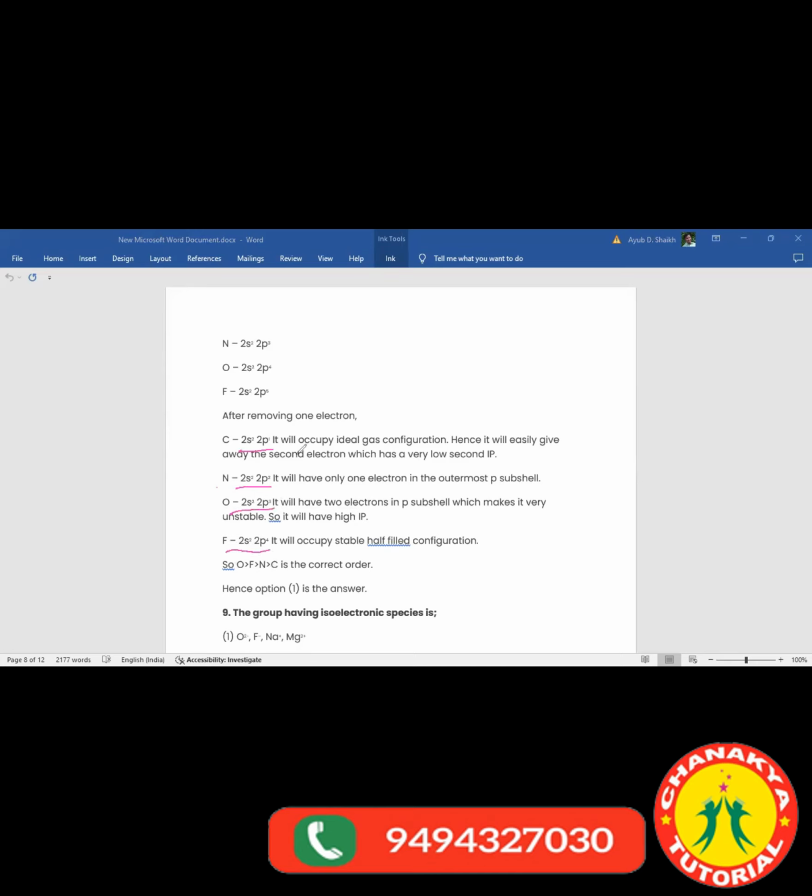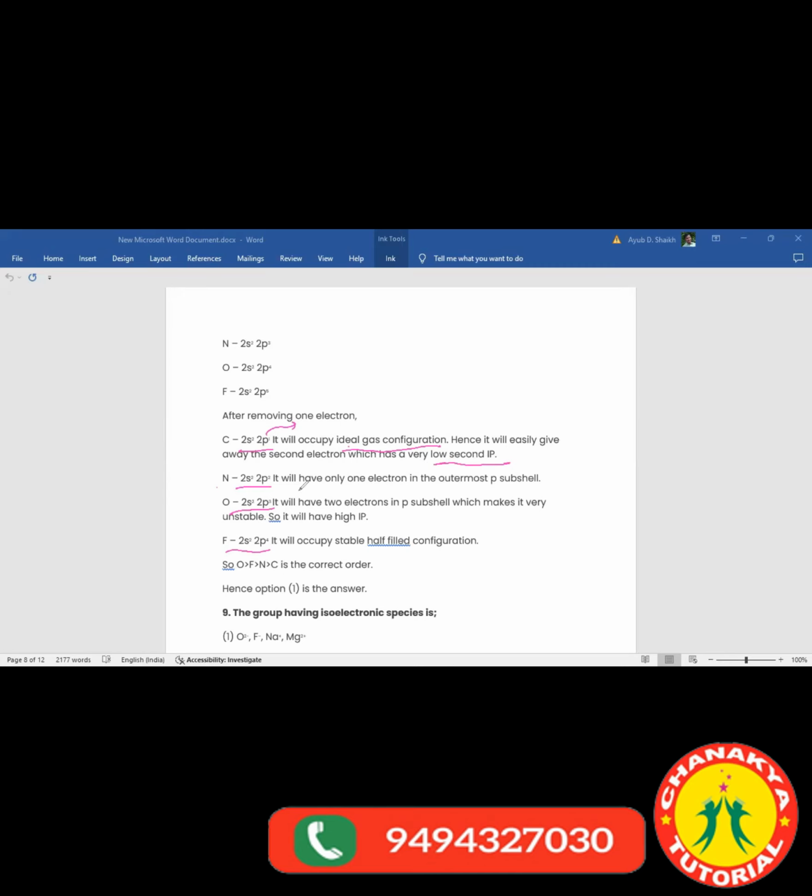Now, what about the carbon? It will occupy the inert gas configuration when it loses one electron from the p orbital. Because of that, it has a very low second ionization potential.